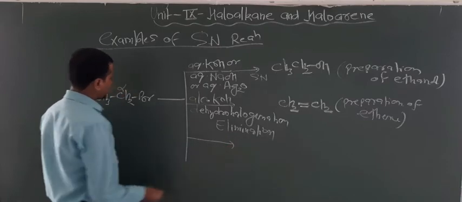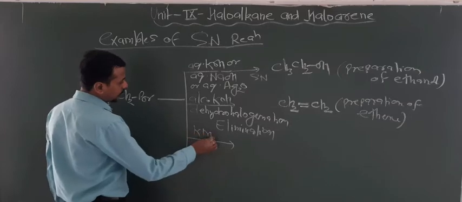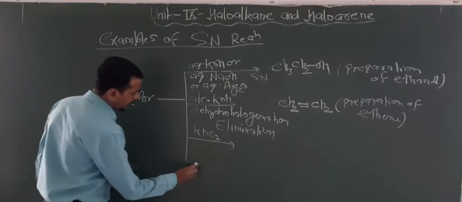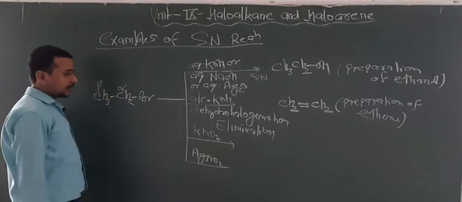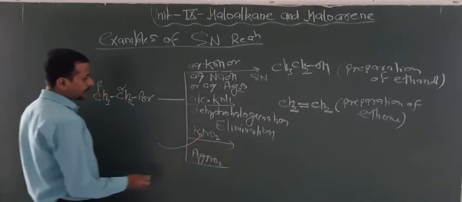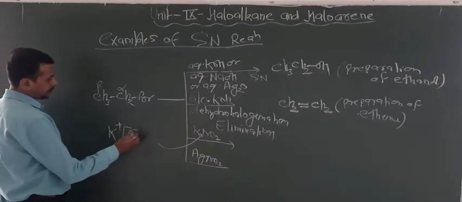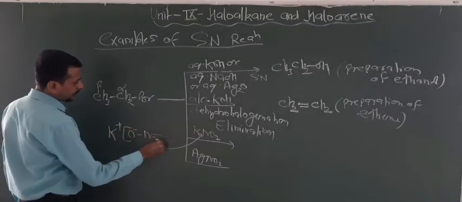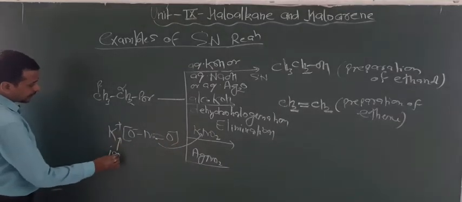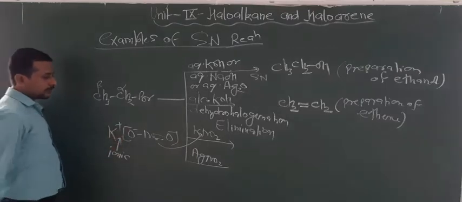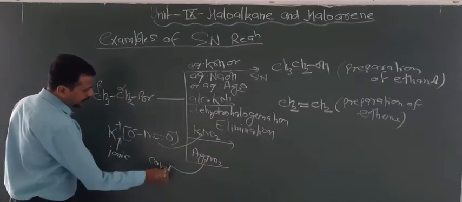Now, what happens if this reacts with KNO2 and with AgNO2? Again look here. The bond between K and NO2 is an ionic bond. So here the bond is ionic between K and NO2, but between Ag and NO2 the bond is covalent.